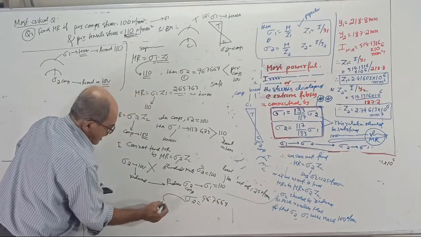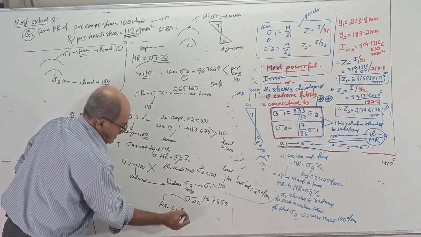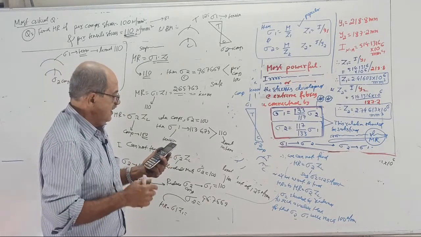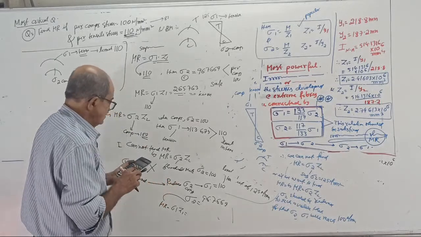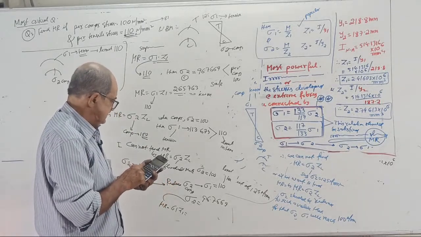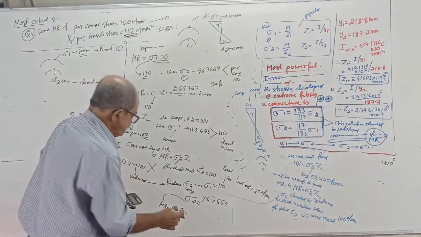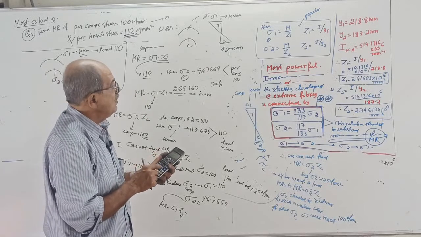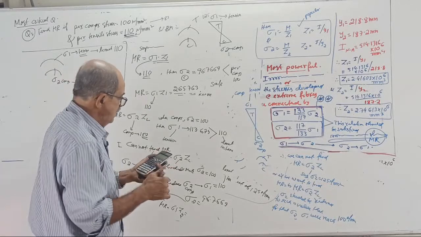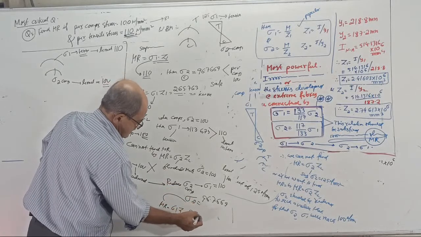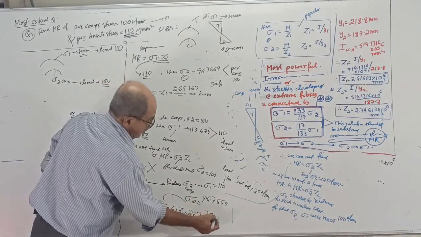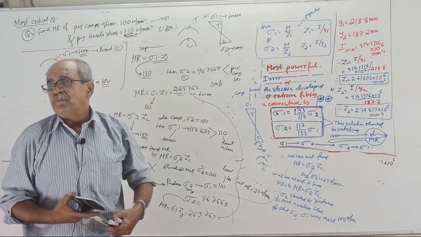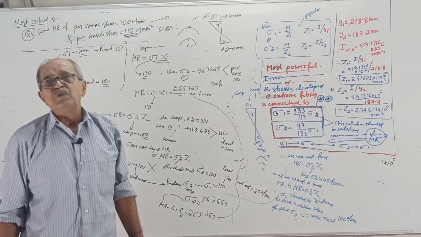Now if I find MR by sigma 2 into Z2, with Z2 as 2.74613, it will give you 265.763. Oh, same answer.